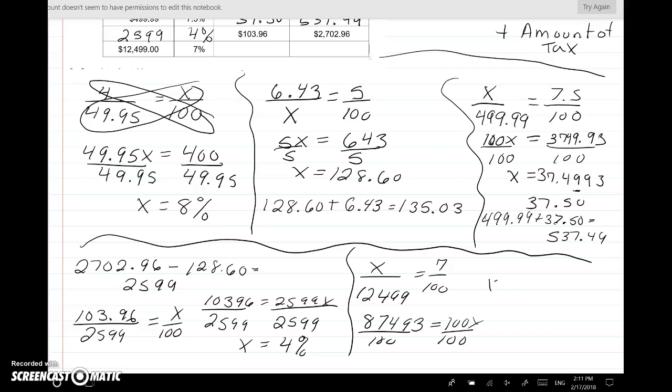And we get x equals $874.93. And now we just have to add it back to the original amount, 12,499. And that's going to be a total of $13,373.93.